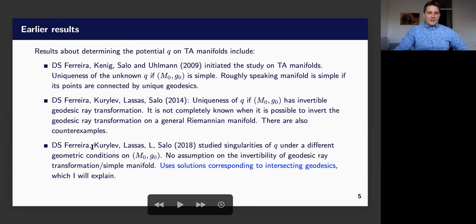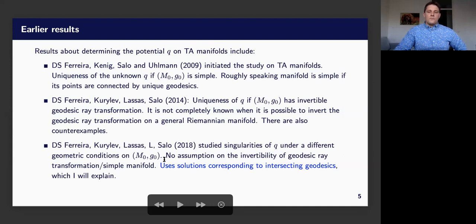Then, a little bit later, David dos Santos Ferreira, Yaroslav Kurylev, also known as Slava, Matti Lassas, me, and Mikko Salo started to study this problem from a slightly different angle. Instead of trying to recover q fully, we started to study the singularities of q. Our method uses different geometric conditions on the transversal manifold.